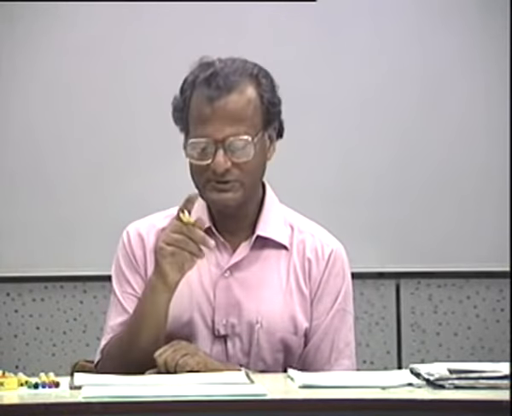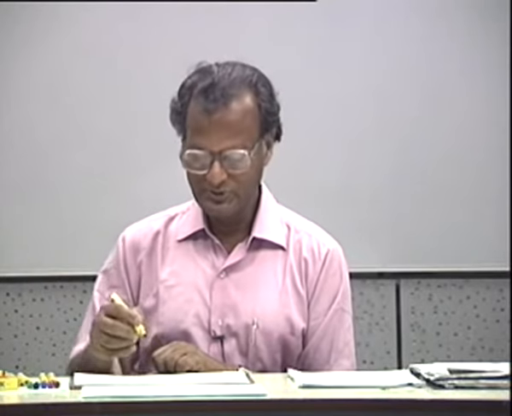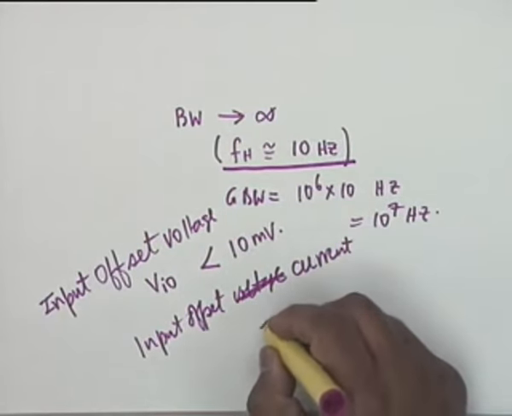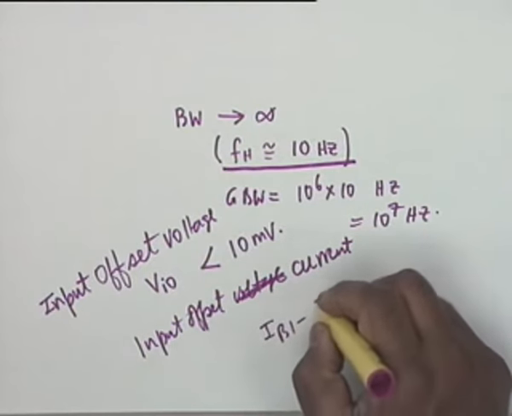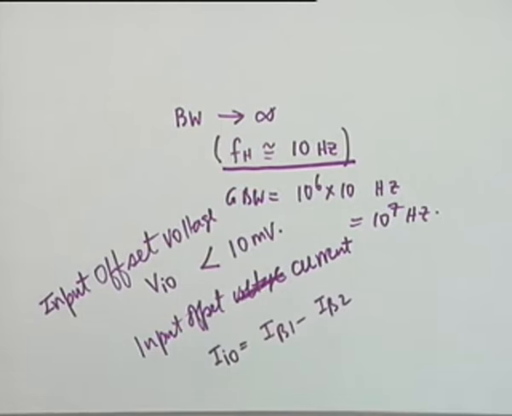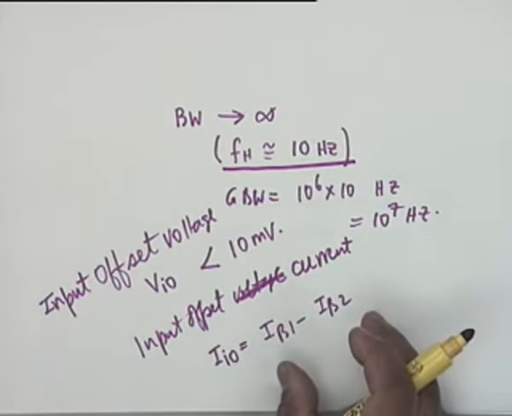This will produce an output even if there is no signal input, and therefore you have an input offset current, which is the difference between the two bias currents. It is denoted by I_io.